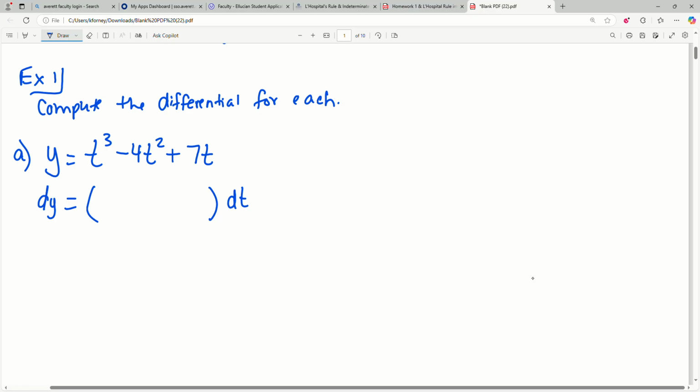So t cubed becomes 3t squared. For 4t squared, the derivative would be 8t, plus 7. That was basic. We didn't have to apply any derivative rules.